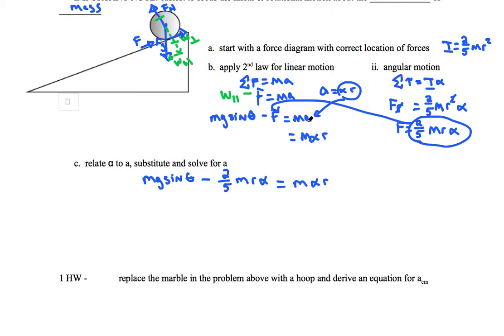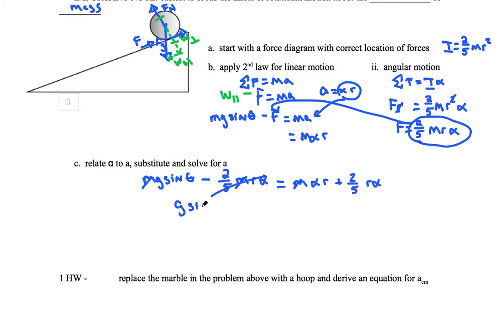I substituted alpha r in for a, and then I substituted the 2/5 mr alpha in for F. And if we look, we have an m in every term. If I add the 2/5 r alpha over, that cancels that out.